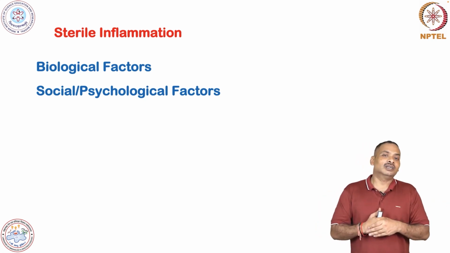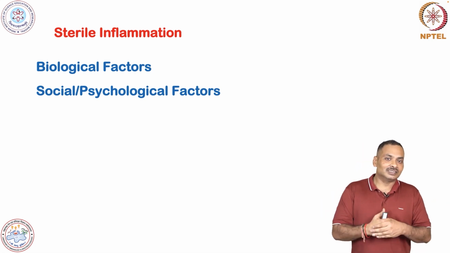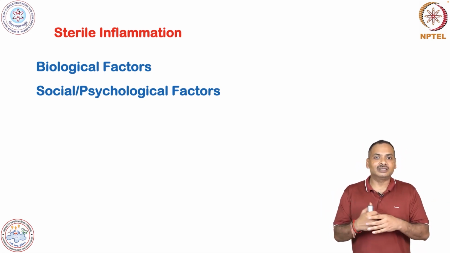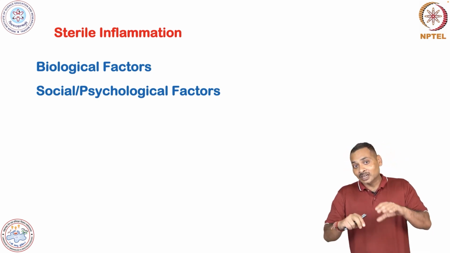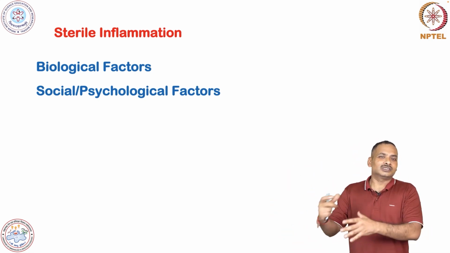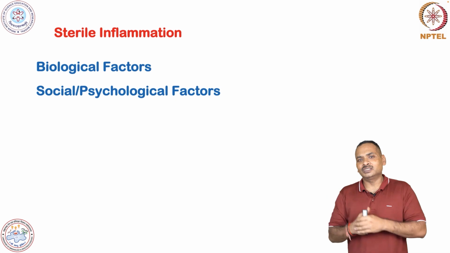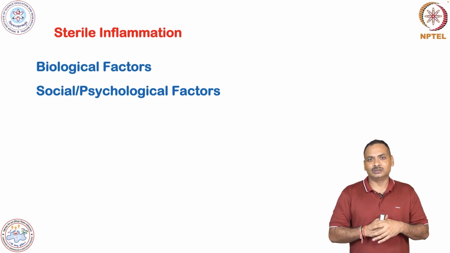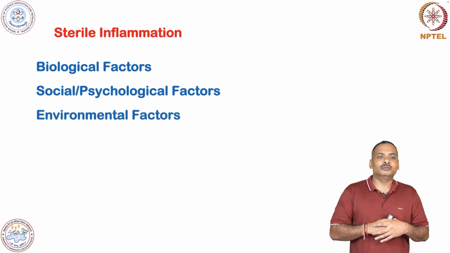These days, you understand, there is stress, different kinds of stress, physical and mental stress, that will also cause inflammation. However, those inflammations are not very well understood. What the substances are, how much the role of cytokines is in that kind of inflammation. So that also results in sterile inflammation.